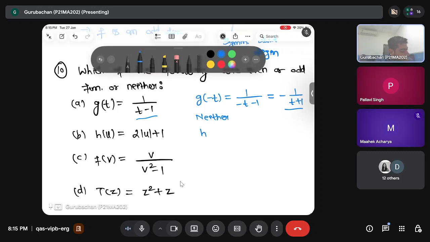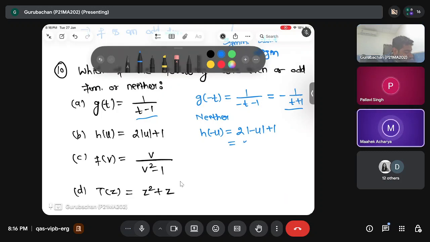Now similarly h of minus u will be, you will tell me. Wait, Pallavi, wait. Oh, sorry, sir. Meg, tell me. Put minus u. What will you get? Minus... what will mod do?